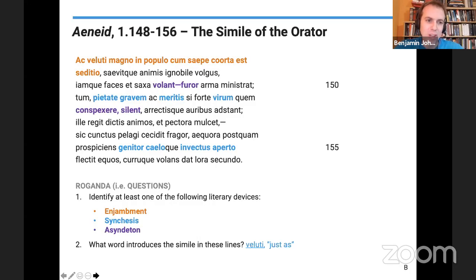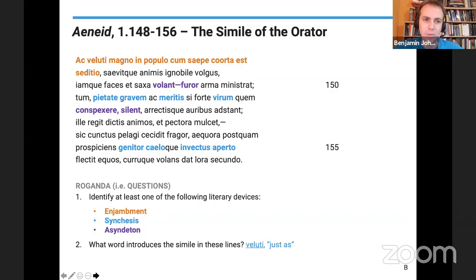So the enjambment, and there could be others, but I think a great enjambment here is how we start the simile with: and just as when in a great people, a seditio, a riot, has arisen. The fact that the subject seditio is on the next line helps run things over, and it is an enjambment.